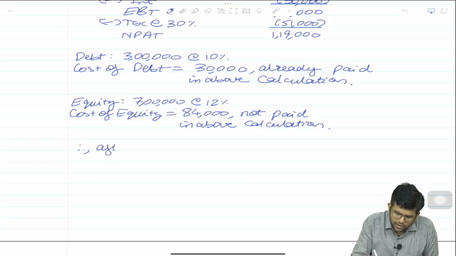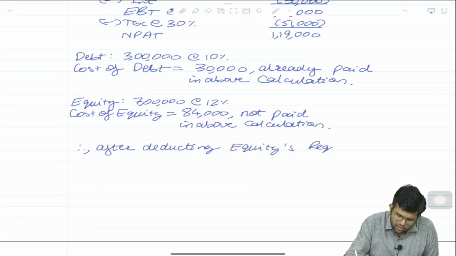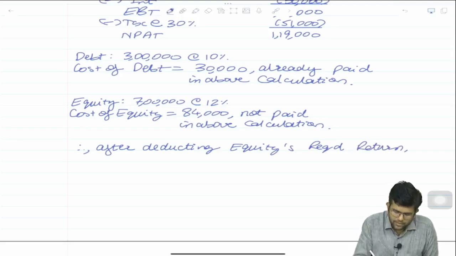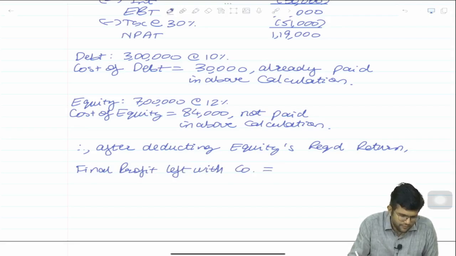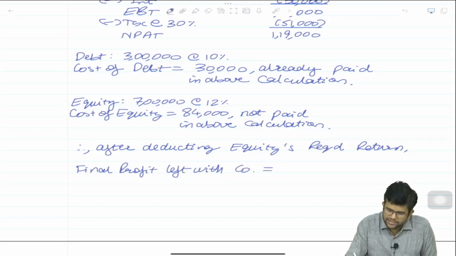Therefore, after deducting equity's required return, final profit left with company will be, students, can I say we have got NPAT of 1,19,000.